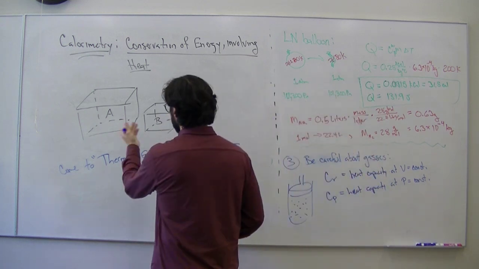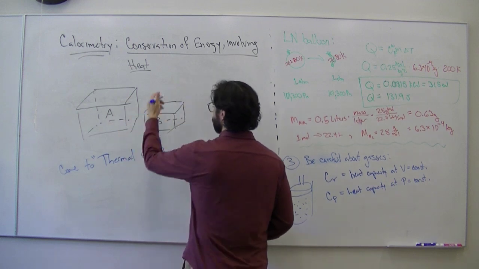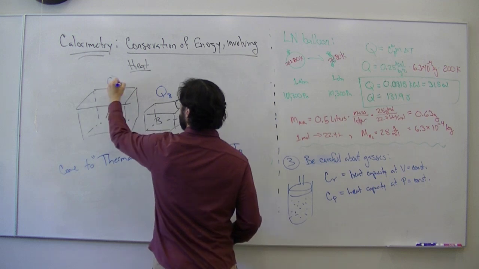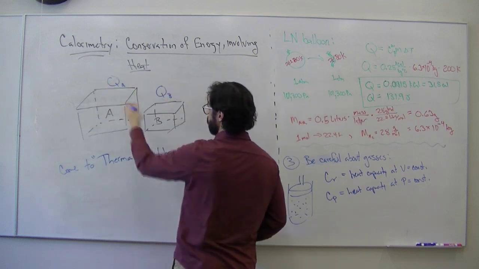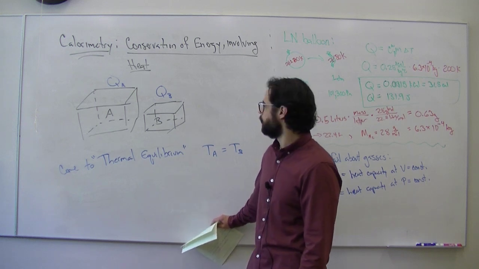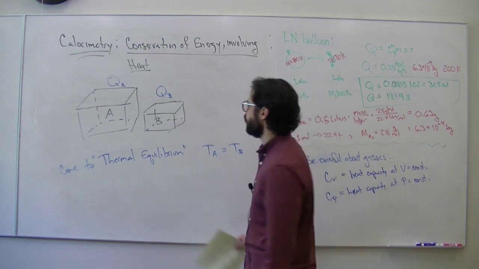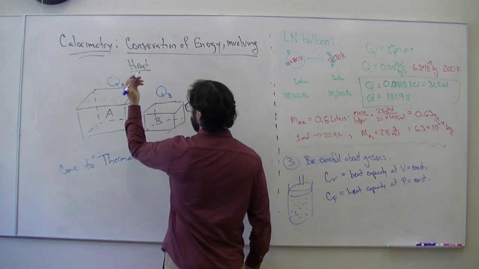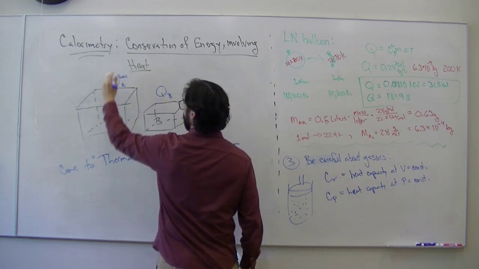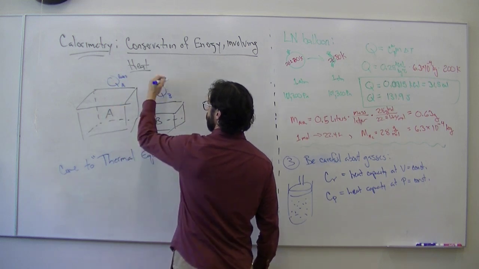And then I can ask, well, how much energy do they exchange? So QB, just for the sake of argument and discussion, and on a practical level you'll put the signs in by hand to make them work out right. But let's just say, for the sake of argument, that this thing cools down and this thing heats up.